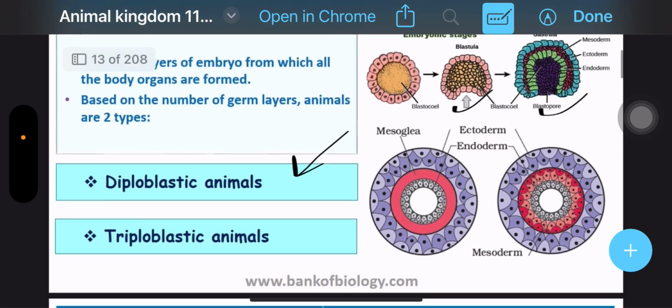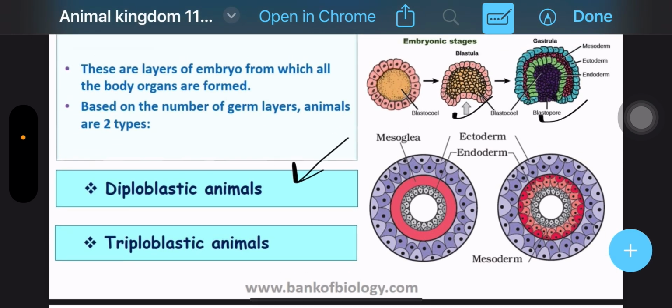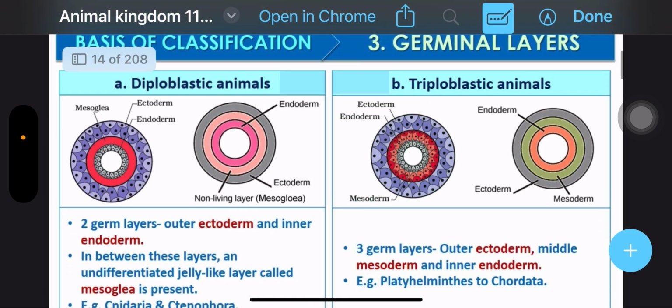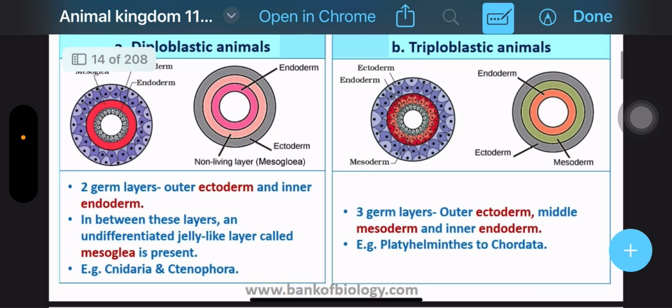Diplo and triplo: organisms that have only two germ layers are called diploblastic, and animals that have three germ layers are called triploblastic. Here they have given the complete embryo, gastrulation, blastula and mesodermal formation. Now check diploblastic animals. Two germ layers are present, outer ectoderm and inner endoderm.